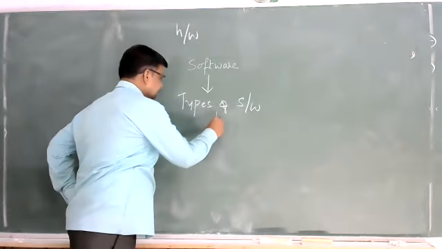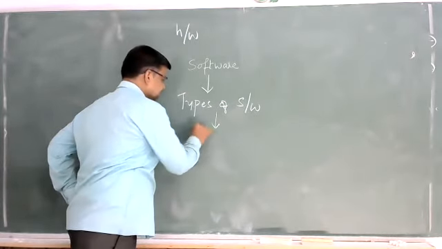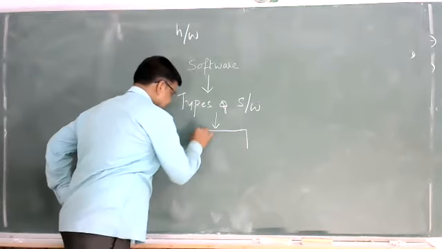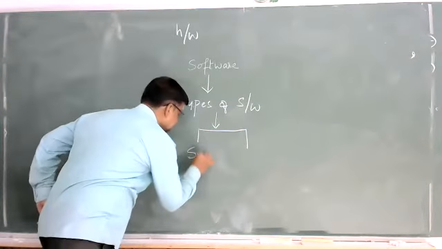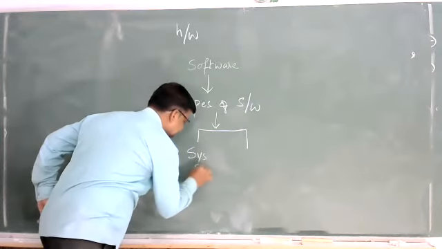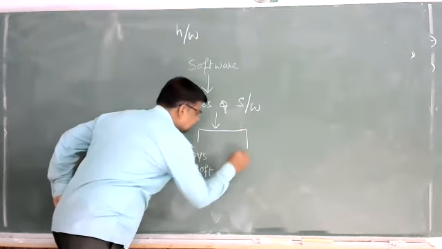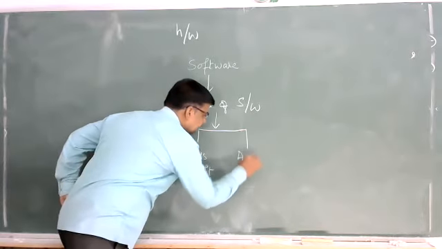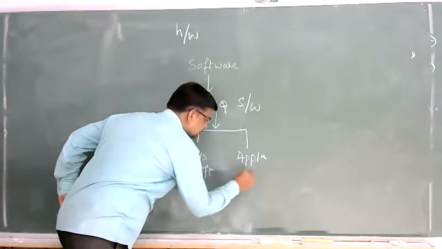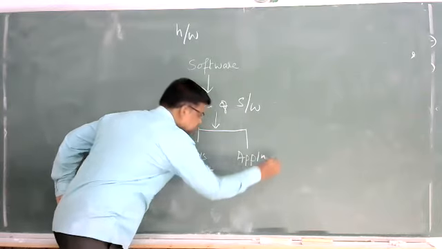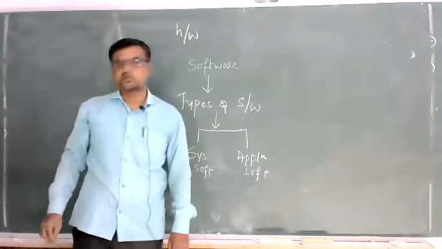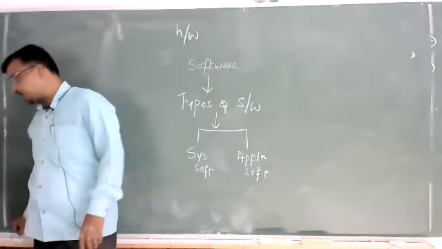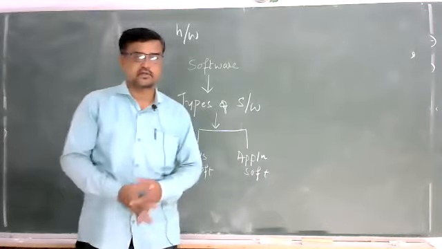There are basically two types of software. One we call system software, the other we call application software.